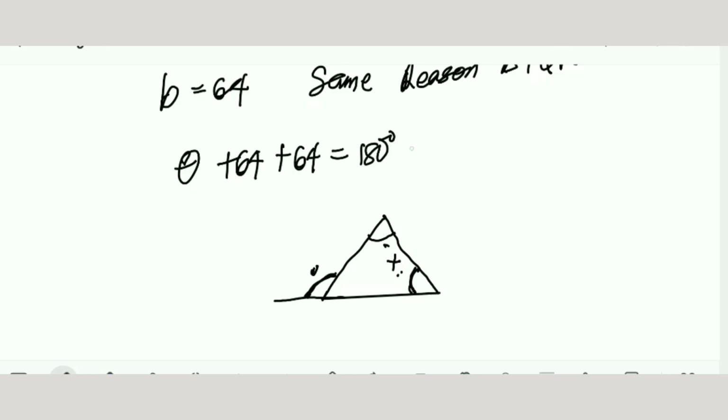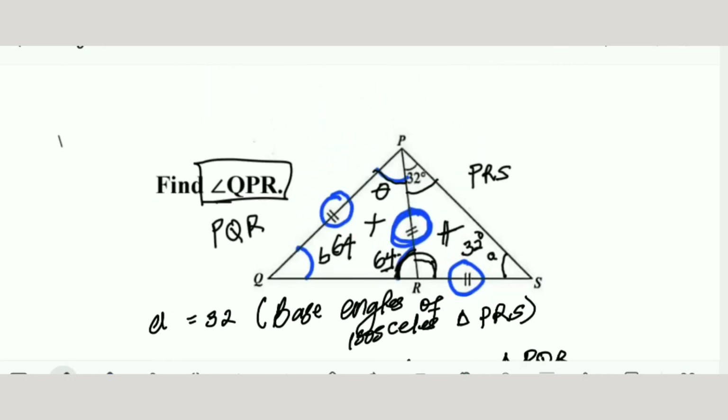And your reason will be sum of angles in a triangle. So theta will be 180 minus (64 plus 64). That should give you 128. So 180 minus 128 will give us 52. So theta is 52, and that's the value of angle QPR.